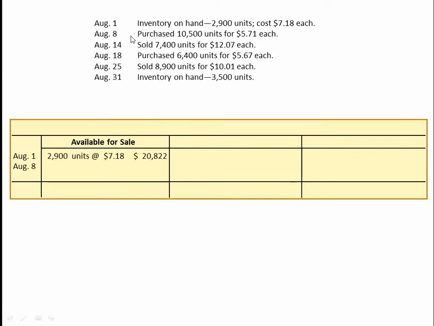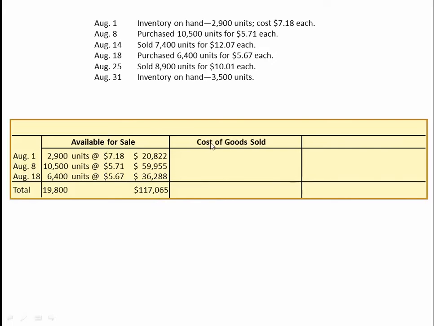August 8th, this is purchased, so we should have 10,500 units at 5.71, which totals to 59,955. Next available for sale should be the purchase on the 18th, for 6,400 units at 5.67 for 36,288. So we're going to total this. This is total units available for sale, and this is the actual dollar amount available for sale.